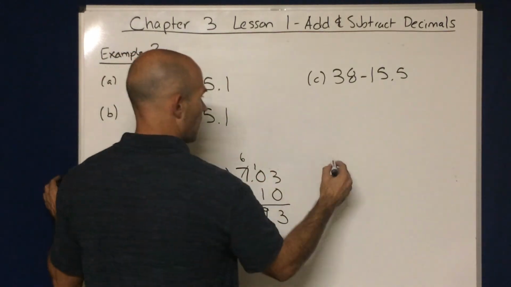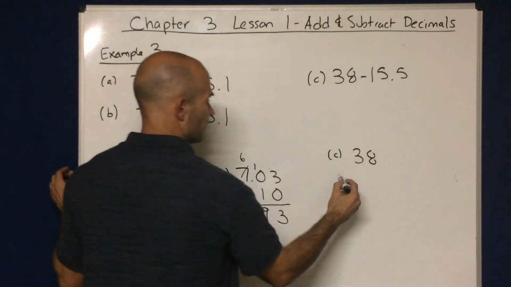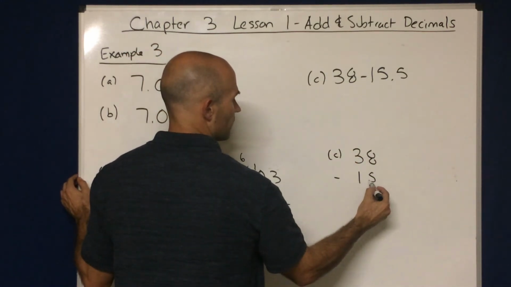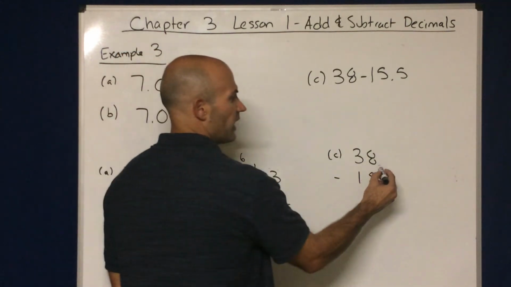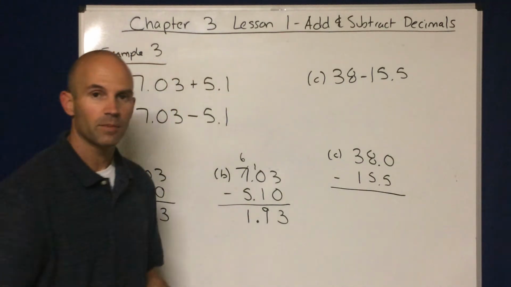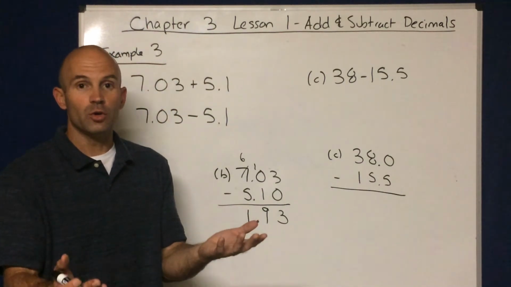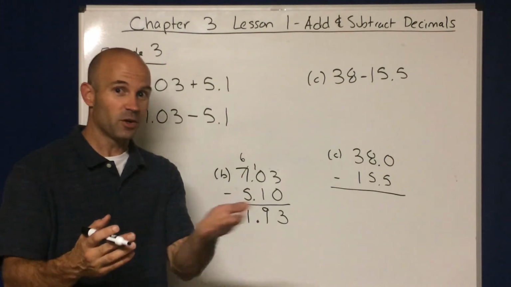Our last problem will be letter C. 38 minus 15.5. And with 38, there's no decimal point. Where is it? Well, you could go ahead and add the decimal point and a 0 there, and that doesn't change the value of the number. So for example, 2 is the same as 2.0, which is the same as 2.00.